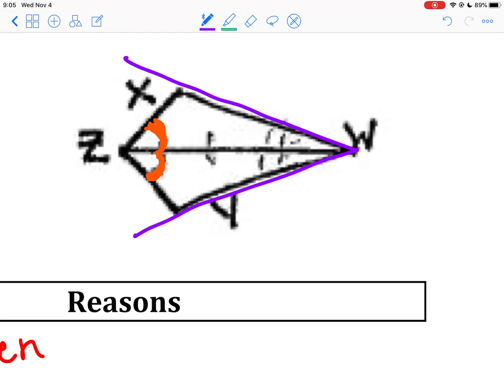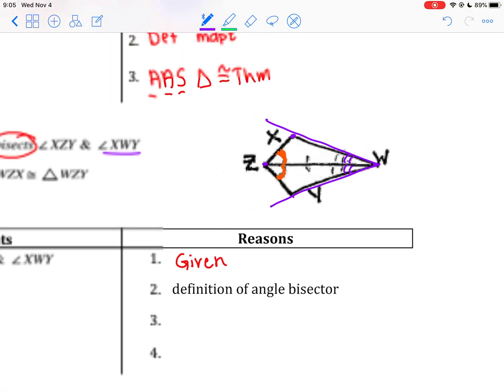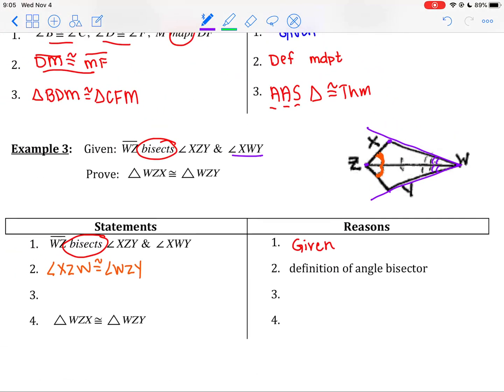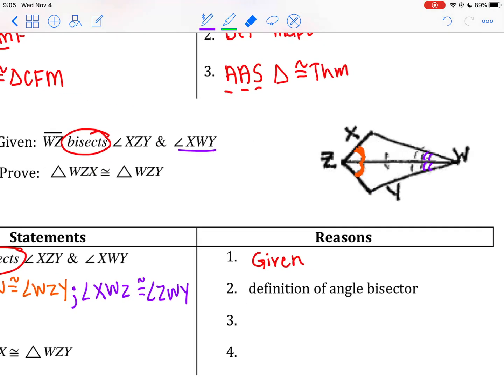So the two angles here are angle XWZ and angle ZWY. Those two angles will be congruent based on that definition of an angle bisector. So angle XWZ is congruent to angle ZWY. So I'll take that extra stuff off, just try to clean up my picture.